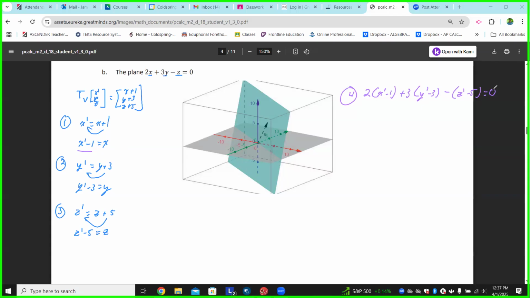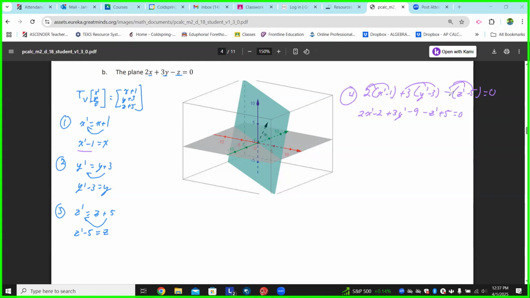All right. Now just apply math. How do I get rid of all these parentheses? Distribute. All right, so we get 2x prime minus 2 plus 3y prime minus 9, negative z prime plus 5. Biggest mistake, students always forget that minus.